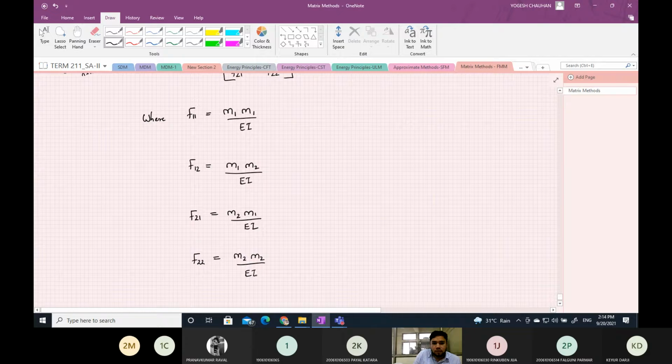Now here for the first one, you have to take the area of the m1 diagram, and for the second, you have to take the ordinate in the m1 diagram corresponding to the CG of this m1 diagram.